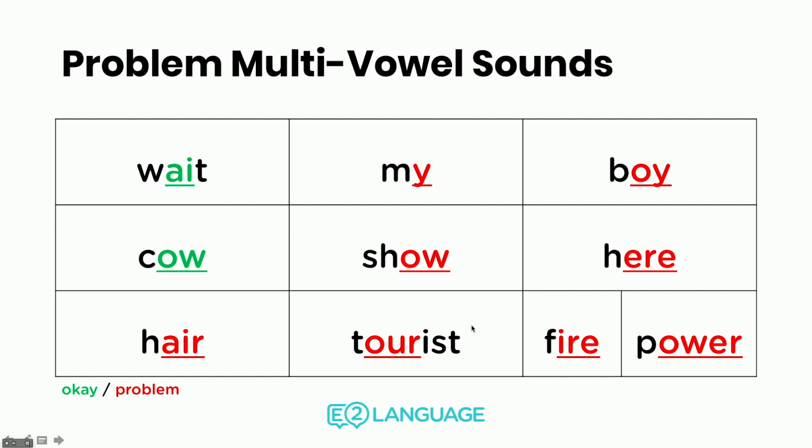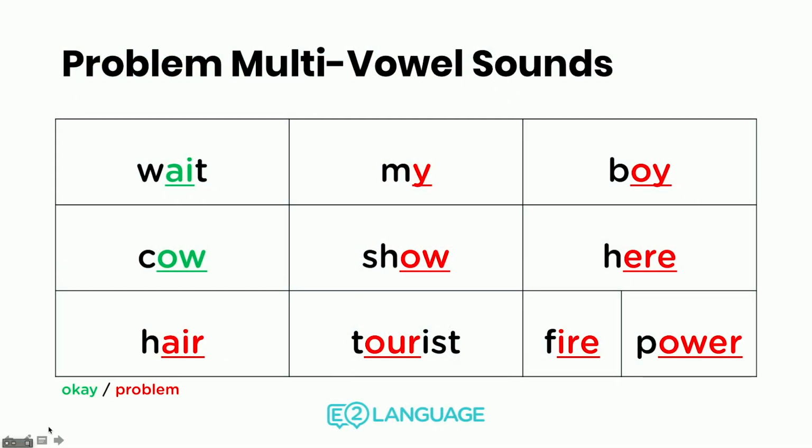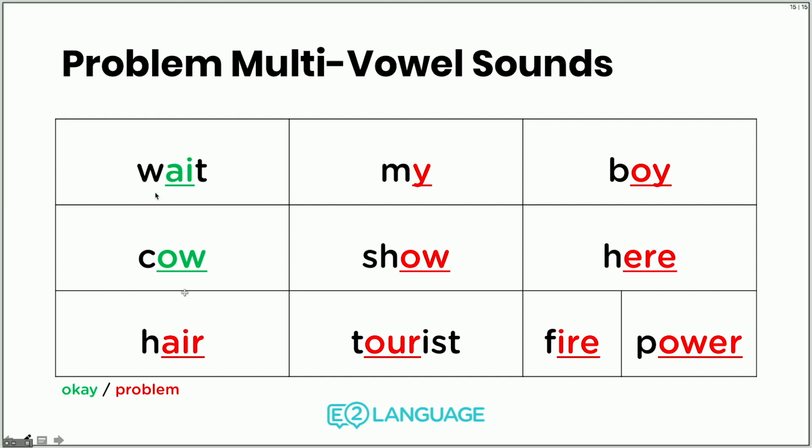Cool. Okay, so what I'm going to do is skip the short vowel sounds because there's not much of a problem between Dravidian languages and the English language with short vowel sounds. The big problems come with these multi-vowel sounds, these longer vowel sounds. So let's do some practice here. So in English, we actually have how many? 3, 6, 9, 10 of them.